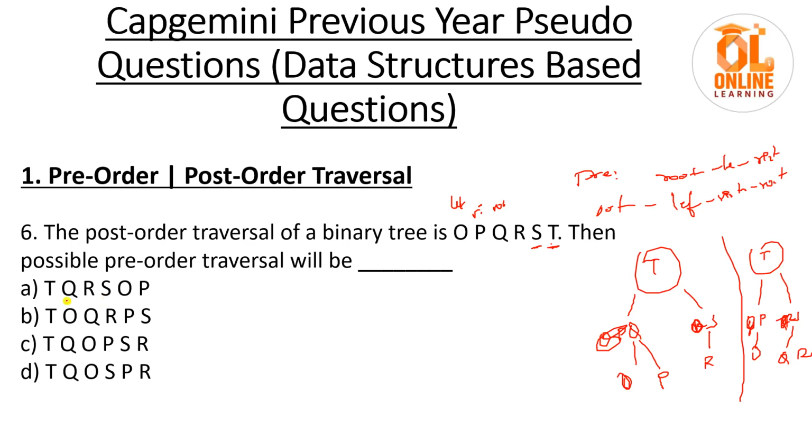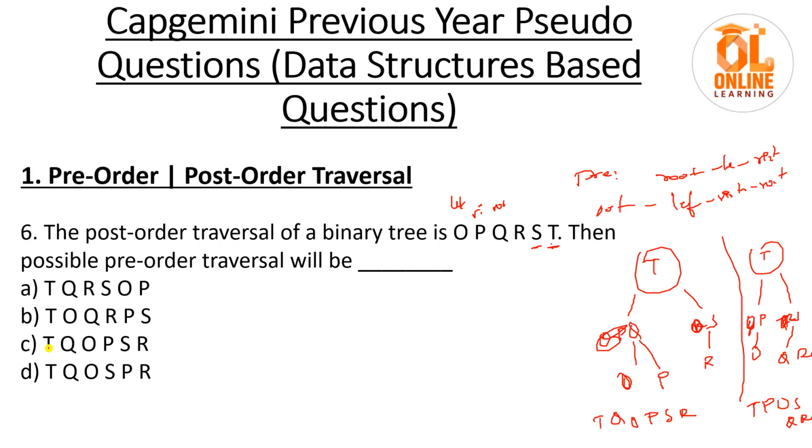So let's check which one satisfies. For this, pre-order will be root, left, right. So the combination will be T Q O P S R. Here it will be T P O S Q R. TPOSQR is not there.